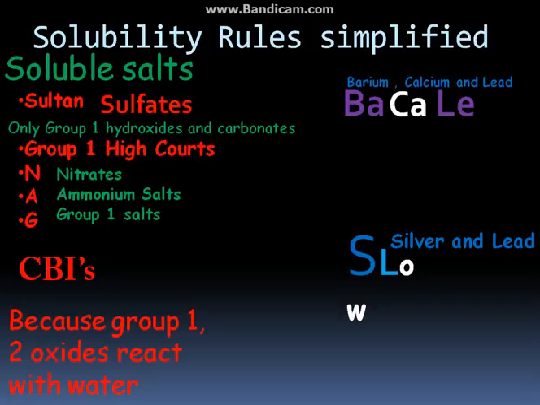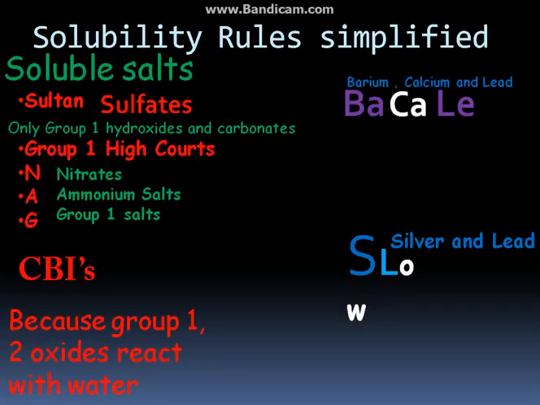As you can see, I've put all these soluble ones either in green or in orange. Now what does CBI stand for? It again tells you that some CBIs which are written to the left hand side of the screen are soluble. So as we all know, C stands for chlorides, B stands for bromides and I stands for iodides.